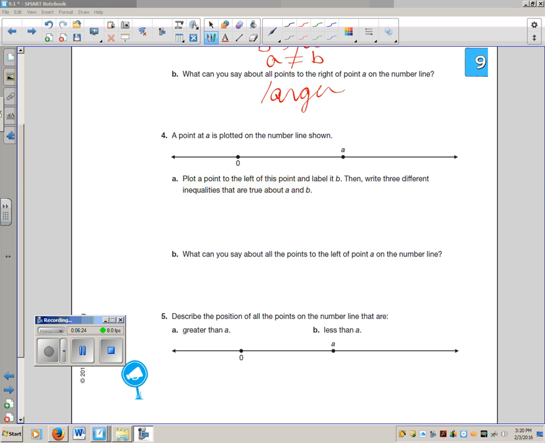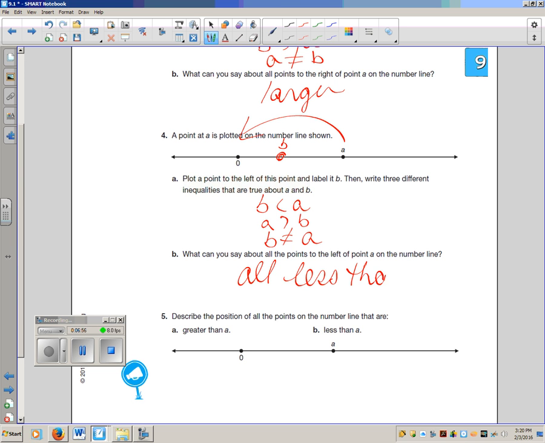Point A is plotted on the number line. Plot a point to the left of it and label it B. I'm going to put B right here. Write 3 inequalities. B is less than A. A is greater than B. B is not equal to A. What can you say about all the points to the left of A?